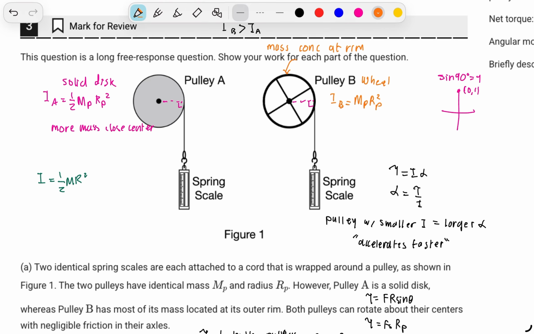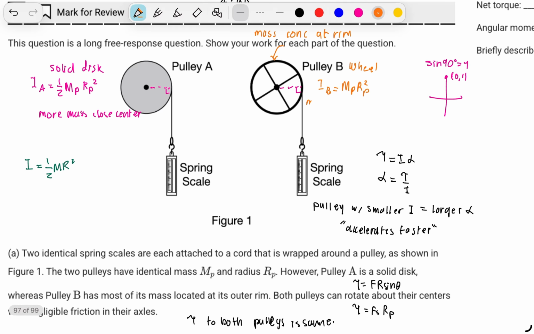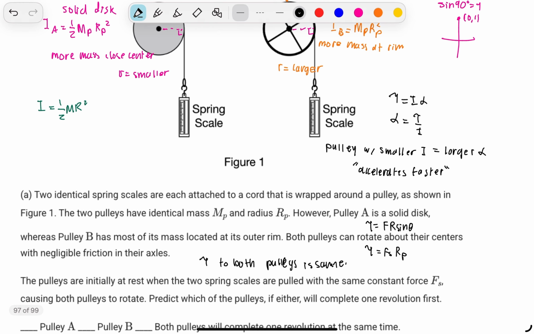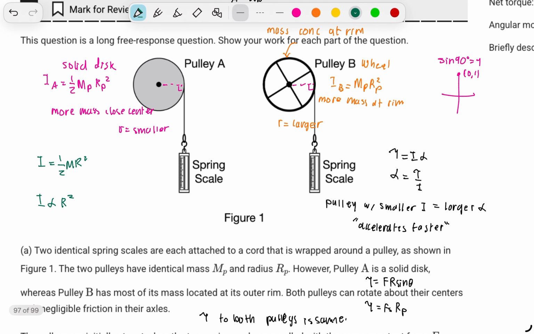However, for pulley B, where all your mass is concentrated at the rim, we have more mass at the rim. Because your mass is more at the rim, your radius is going to be larger here, but here your radius is going to be smaller. So we can see that I is directly related to r squared. So if you have a larger radius, your inertia is going to be larger.